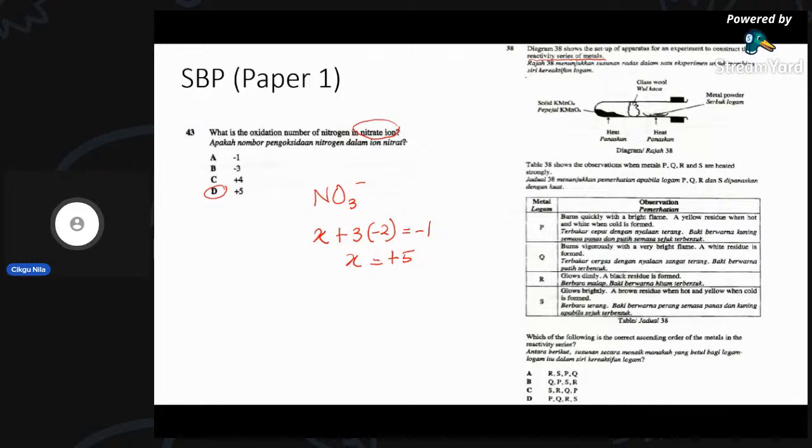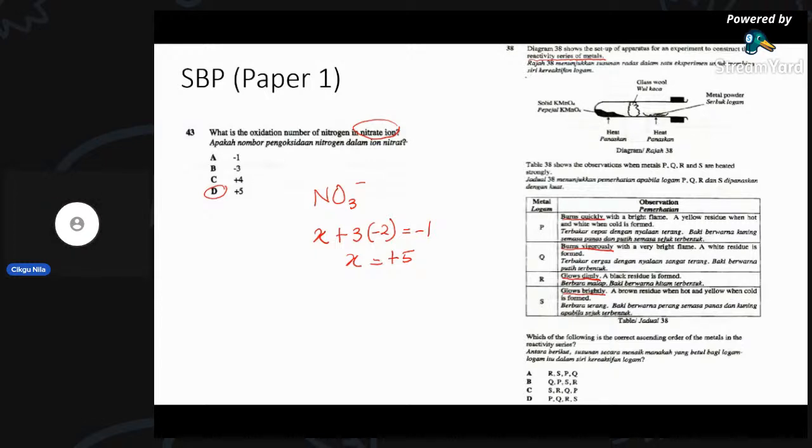You have to look at the keywords. Metal P burns quickly. Metal Q burns vigorously. Metal R glows dimly. Metal S glows bright.